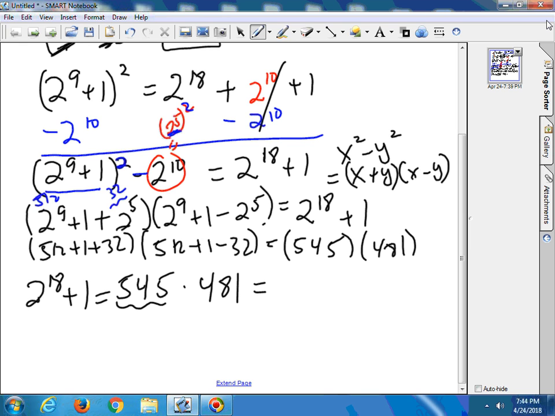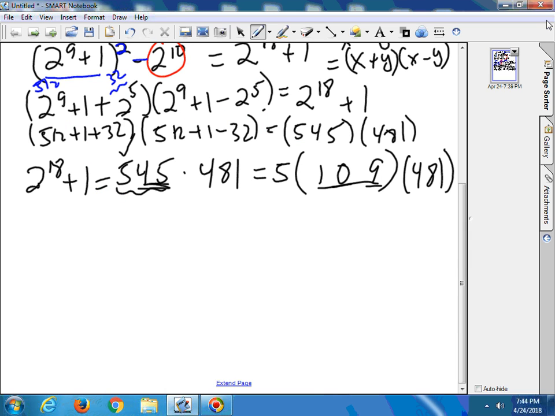Now, clearly, 545 is a multiple of 5. Well, 5 times 100 gives you 500, and to get to 545, you need 9 more, so 5 times 109 times 481. And 109 is prime. Or maybe we'll check that later.